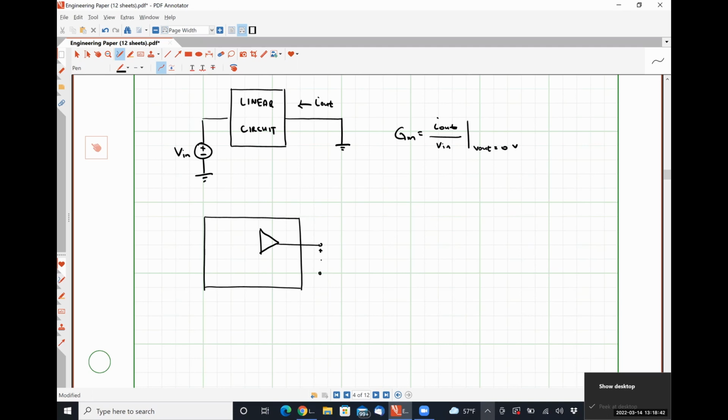So here's where we're measuring our output. Here's where we're applying our input, like so. And for the sake of argument, we'll say that Vout and Vin are measured with respect to ground.